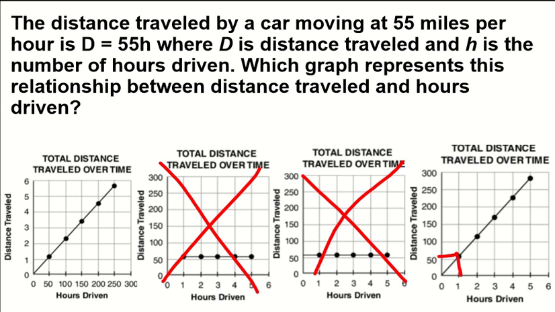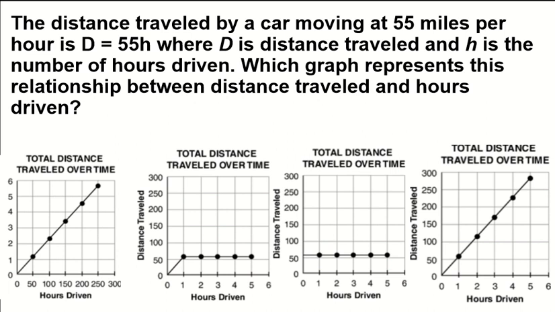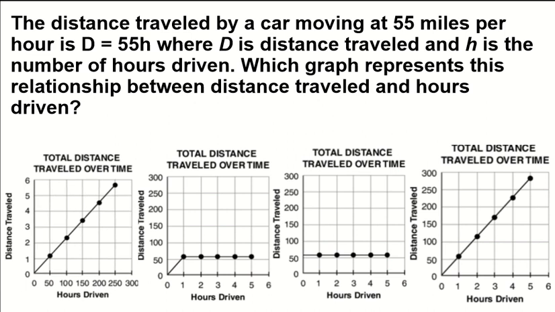The x value is 1. That would give us 55. The one over here has it reversed. It has our y value as 1. The x value is a little bit over 50. So that one doesn't quite work. That makes the one on the far right the correct answer. All right? Again, not so bad, right?